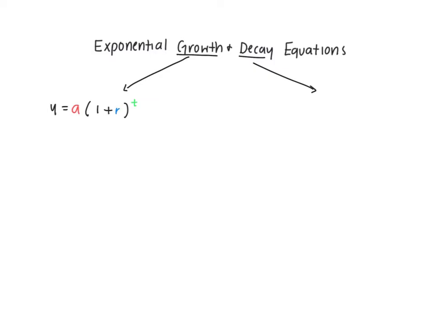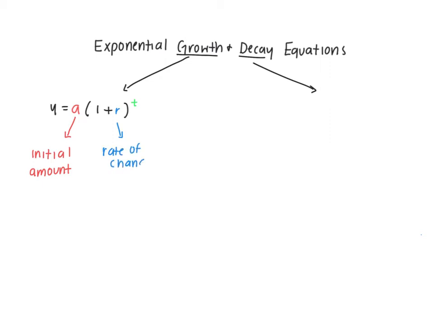Now let's talk about the components of this equation. The first thing is A. And A is going to be the initial amount. So the amount of whatever it is that you're calculating, the amount that you're starting with. Next we have R, which is your rate of change.